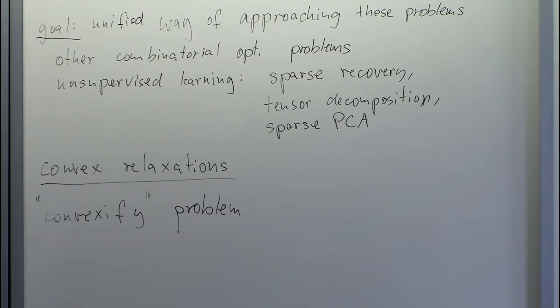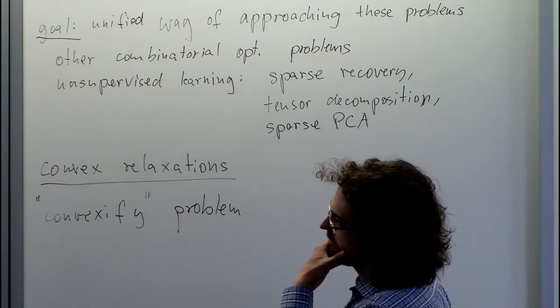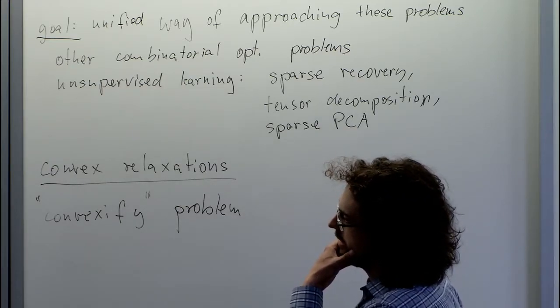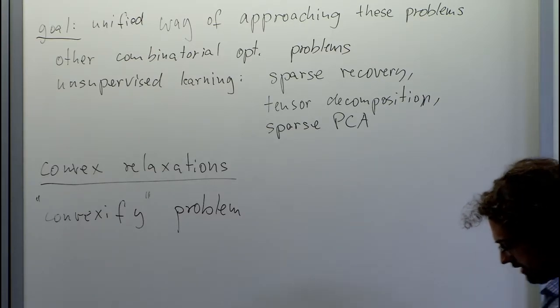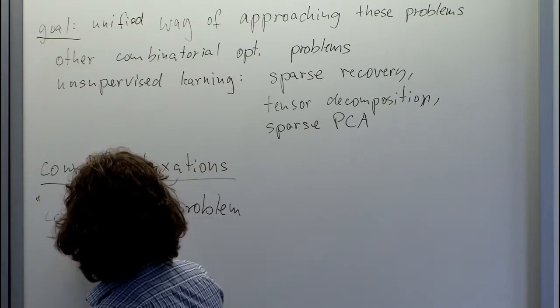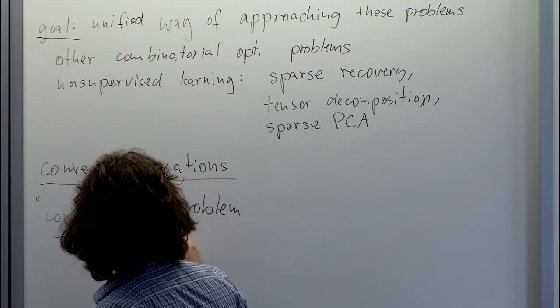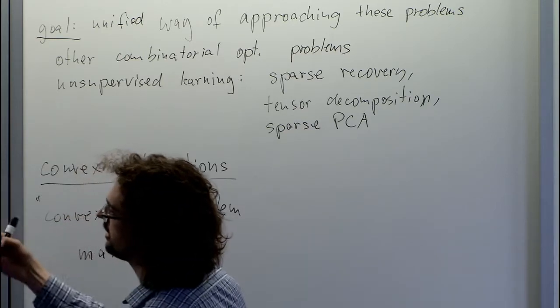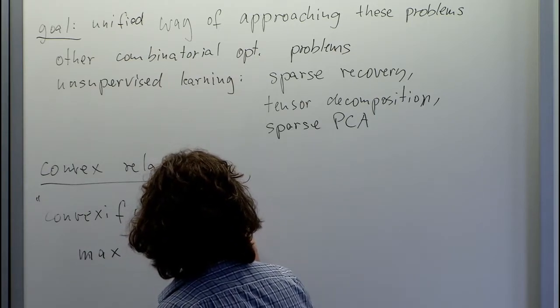And there's a canonical way to make every problem convex. How can you do this? Instead of just trying to find a particular solution, you try to find a distribution over solutions.